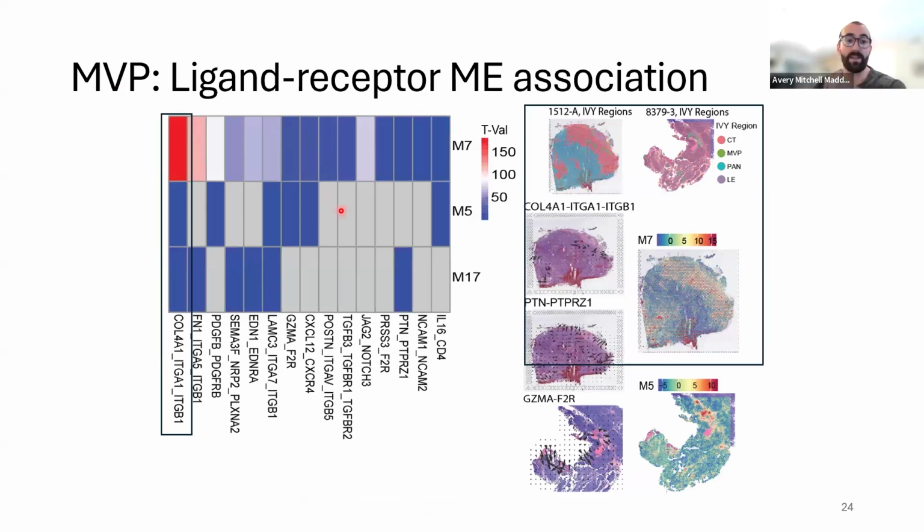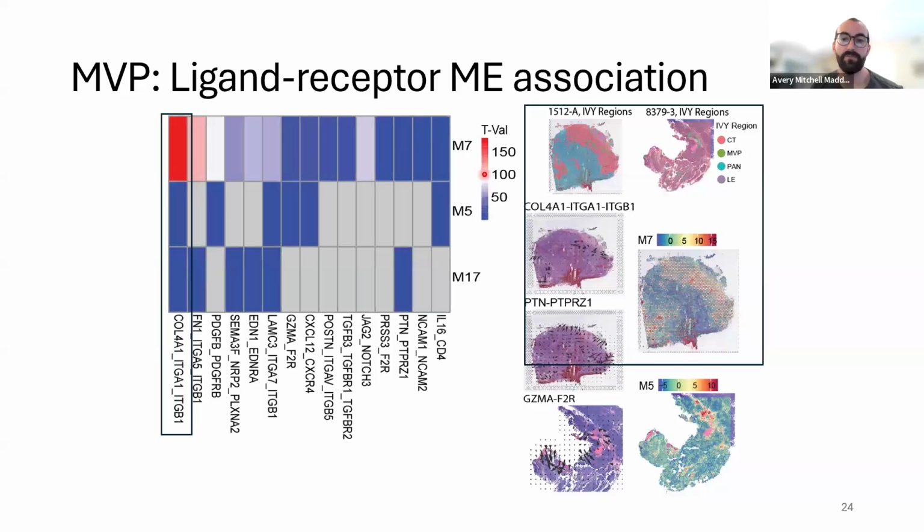When looking at ligand receptor pairs that are associated with this module, we identify a really strong relationship between COL4A1, ITGA1, and ITGB1 with module 7.